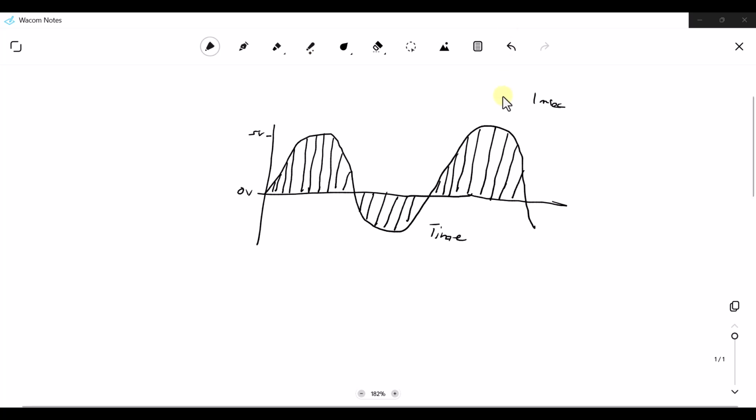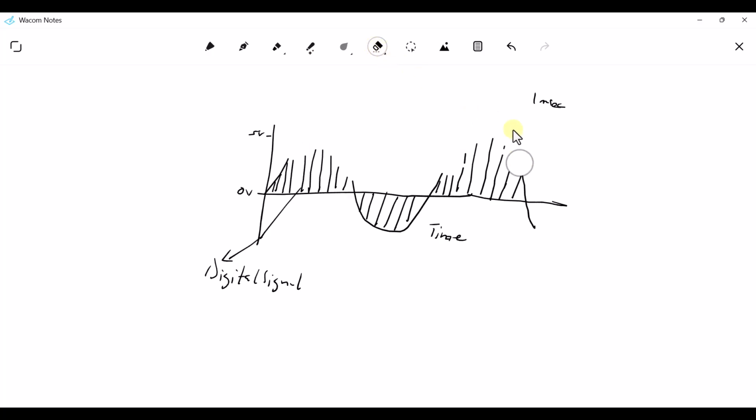So the lines that we have drawn in between now form our digital signals. Now we do not have continuous signals again. If we clear the continuous line, we have something like this. Now this is our digital signal.